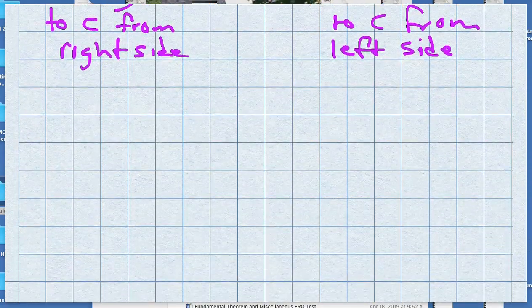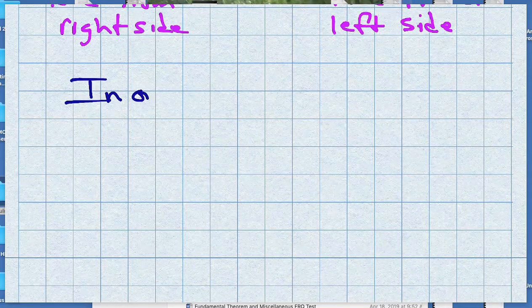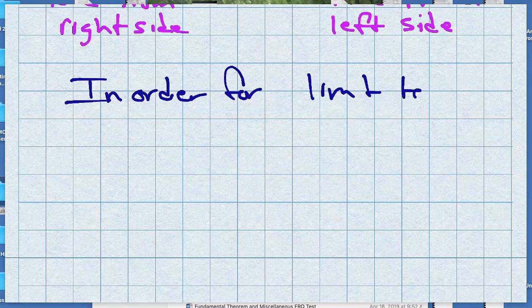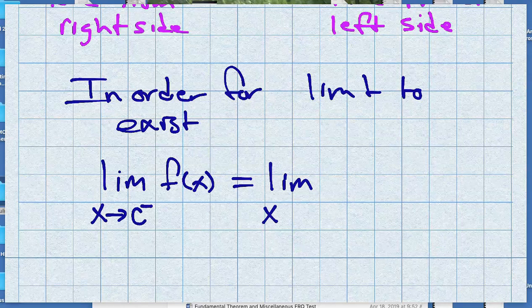Now, there are three stipulations in order for a limit to exist. In order for a limit to exist, the limit as x goes towards c from the left side has to be equal to the limit as x goes towards c from the right side.